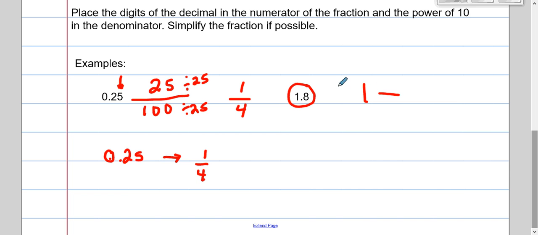So I have the one whole, 1. In the fraction part, I have 8. That's what I'm going to put in my numerator. Remember, you put the digits for the decimal in the numerator. And my 8 is in the tenths place. So that means it's 8/10. And then I can reduce this down to 1 and 4/5.